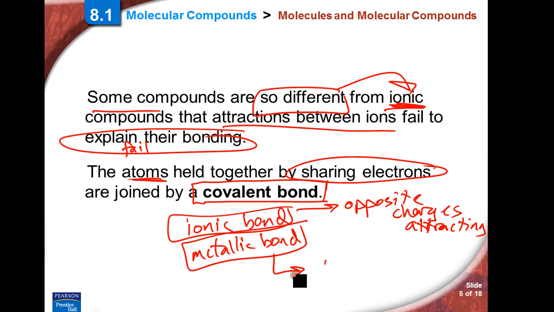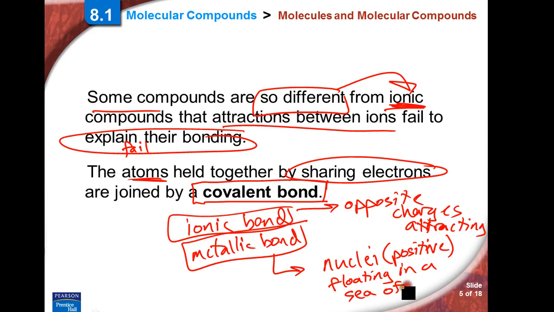Metallic bonds were nuclei, the positive part of the atom, floating in a sea of electrons. And so the electrons were shared throughout all of the metal atoms within the substance. Ionic bond, the electrons were stolen by one ion, and the other ion lost the electrons, and they were attracted because of the charge. In covalent bond, we are sharing electrons.